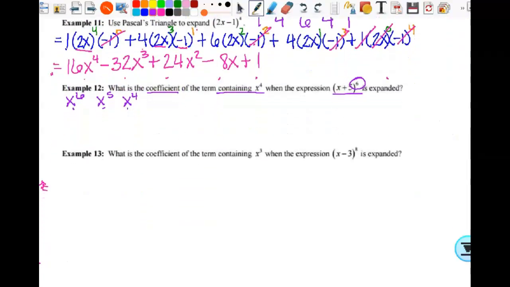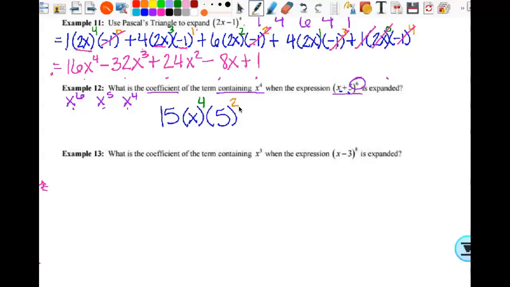So I'm going to use this 15, and then I know I would have times x times 5, because I'm getting that from there, right? The x would have a 4 on it, so what does the 5 have to have on it? 2.